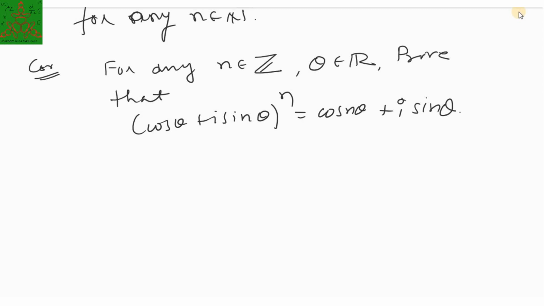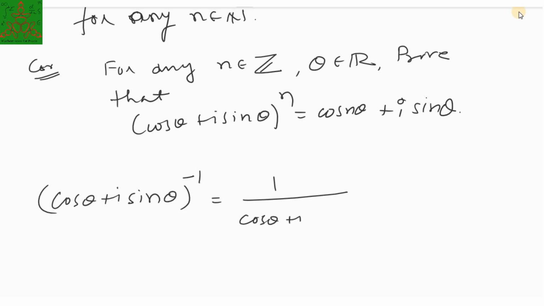So for that I am starting with (cos theta plus i sin theta) power minus 1. We can write this as 1 upon (cos theta plus i sin theta). I am multiplying and dividing by cos theta minus i sin theta.